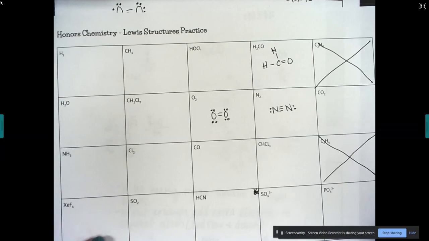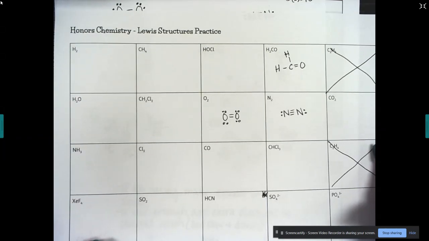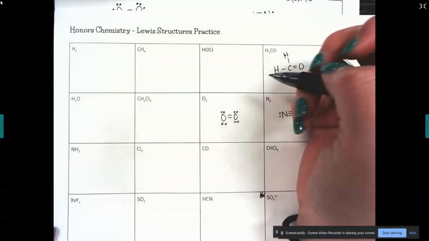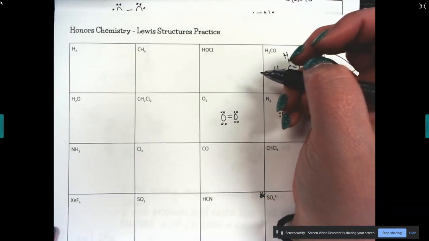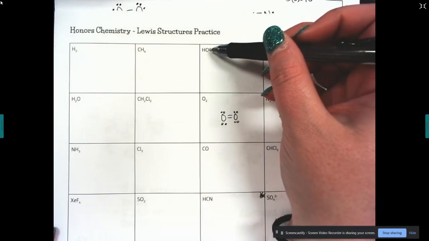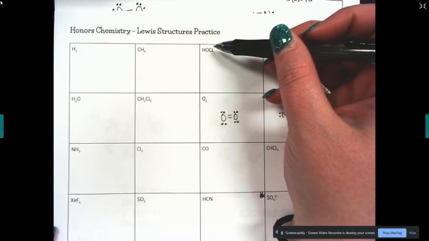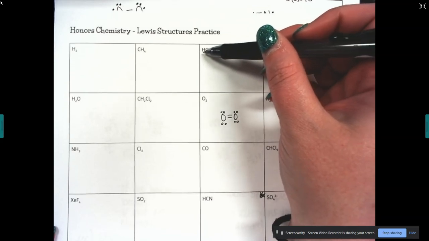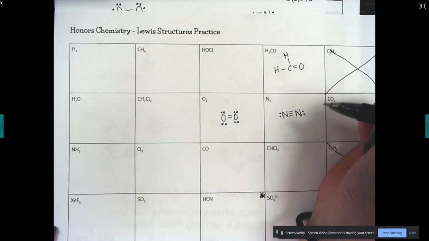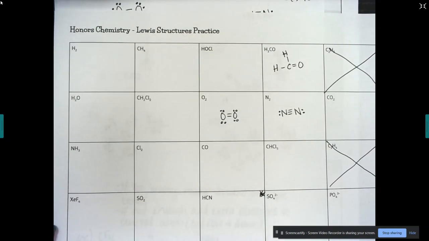Yes. Okay, so on HOCl, the O is gonna go in the middle. And on that one, if you put Cl in the middle, I'd still let you count it. But O is the better one to put in the middle because Cl usually doesn't form more than one bond. But if you did, I'd give it to you.